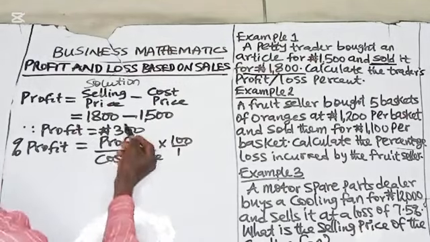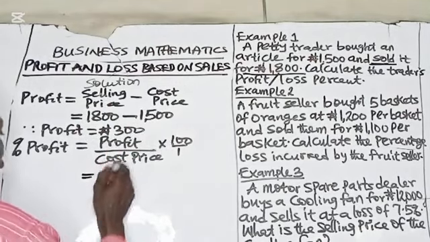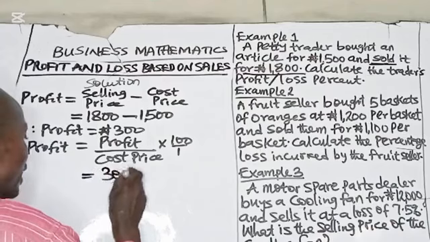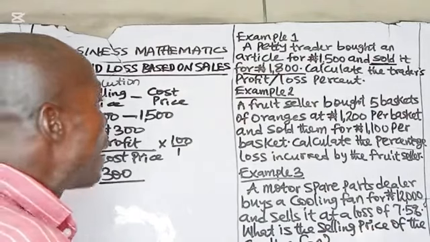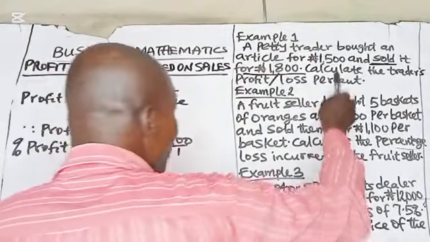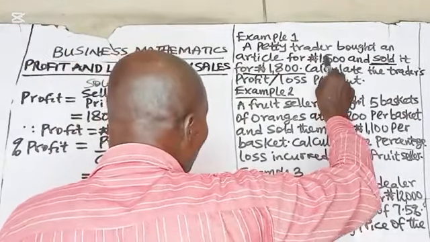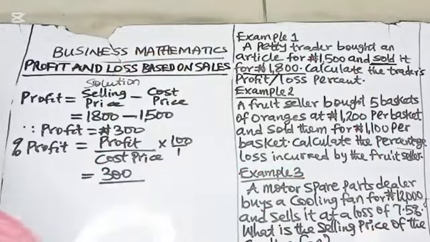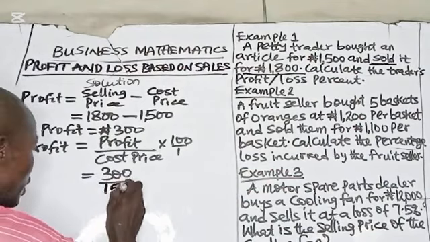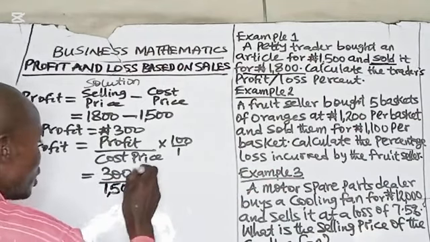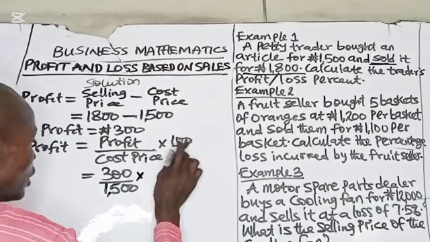Now the profit has been calculated and we got 300 naira. Profit of 300 naira over how much is the cost price? Remember, the amount at which an item is bought is the cost price. So it was bought for 1,500. That means the cost price of the article is 1,500, times 100 over 1.